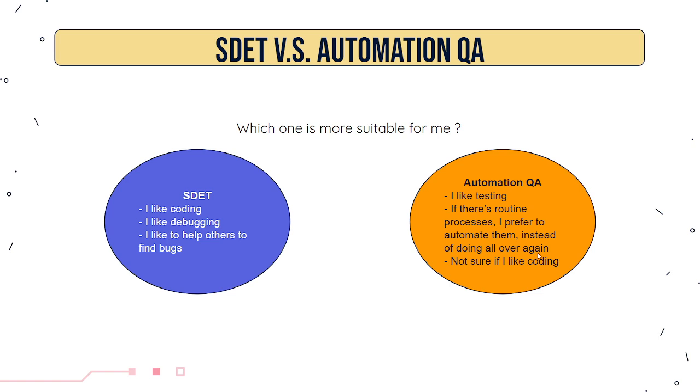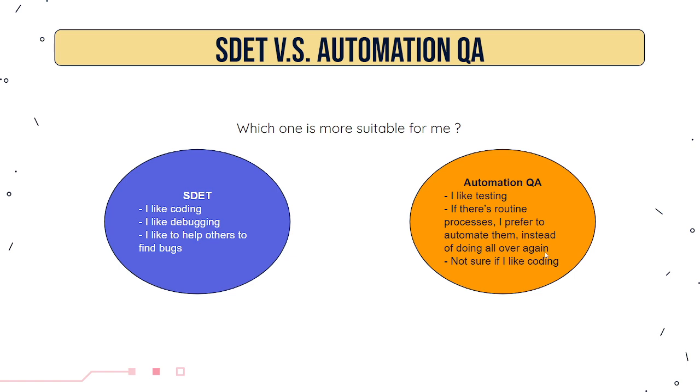But option 2 is that you're willing to spend some time first to build an automation program. Then in the future, you will save a lot of time, because maybe you will test it 10 times or 20 times in the future, and you don't need to do it all over again.